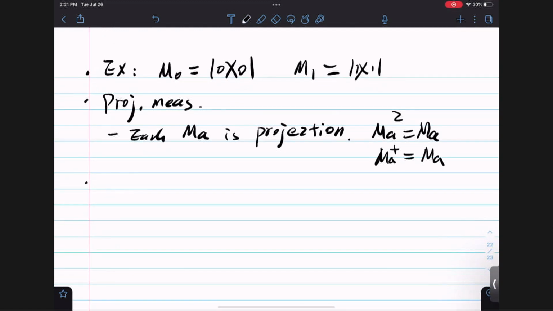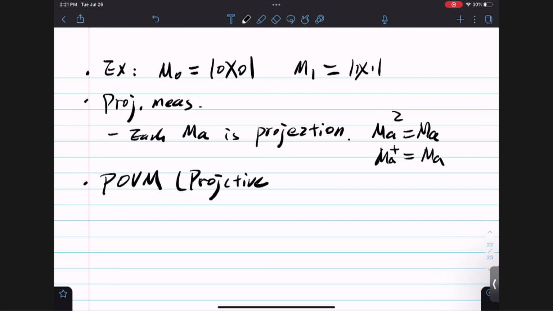And finally, you will hear this a lot in the literature, and you'll see this term, POVM. So this is another special family of measurements. Let me spell out the full name, which you don't have to remember. Every time I have to look it up, what the full name really is. But you have to see it at least once, I guess.